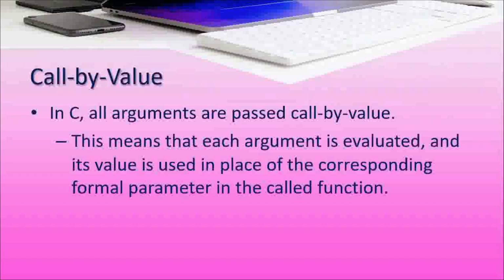That is, in the function prototype, within brackets we say that this particular data type of value is to be passed into the function. That is known as the formal parameter, the list of parameters given within the function declaration or function prototype.